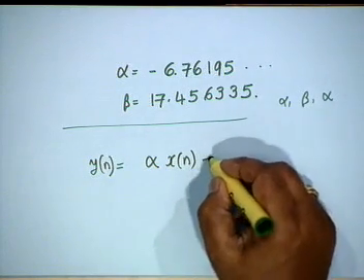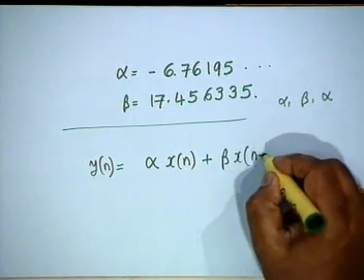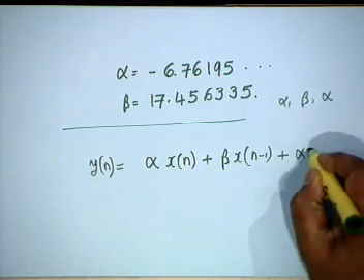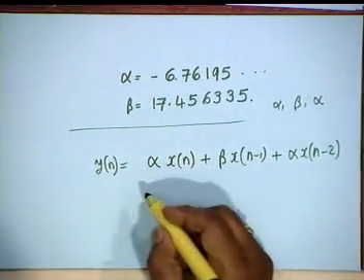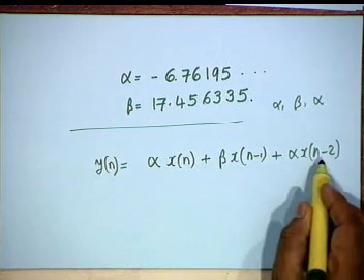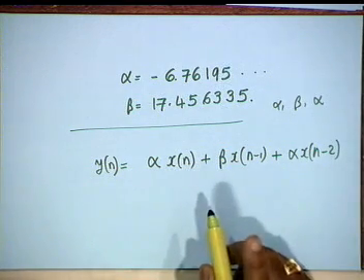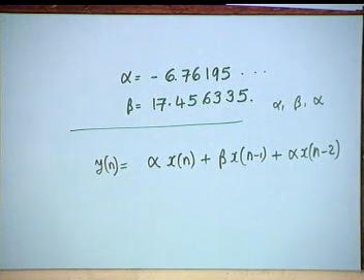So, y of n shall be alpha x of n plus beta x of n minus 1 plus alpha x of n minus 2, as simple as that. You can implement this with 2 multipliers only, because x n and x n minus 2 can be added together, then multiplied by alpha. Reducing the number of multipliers is an extremely important criterion in the realization of a DSP.